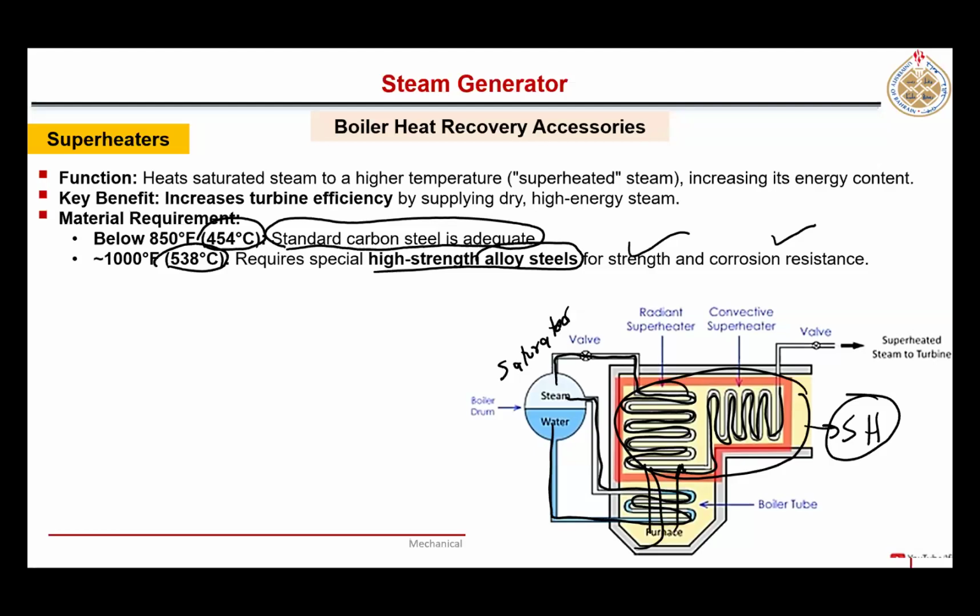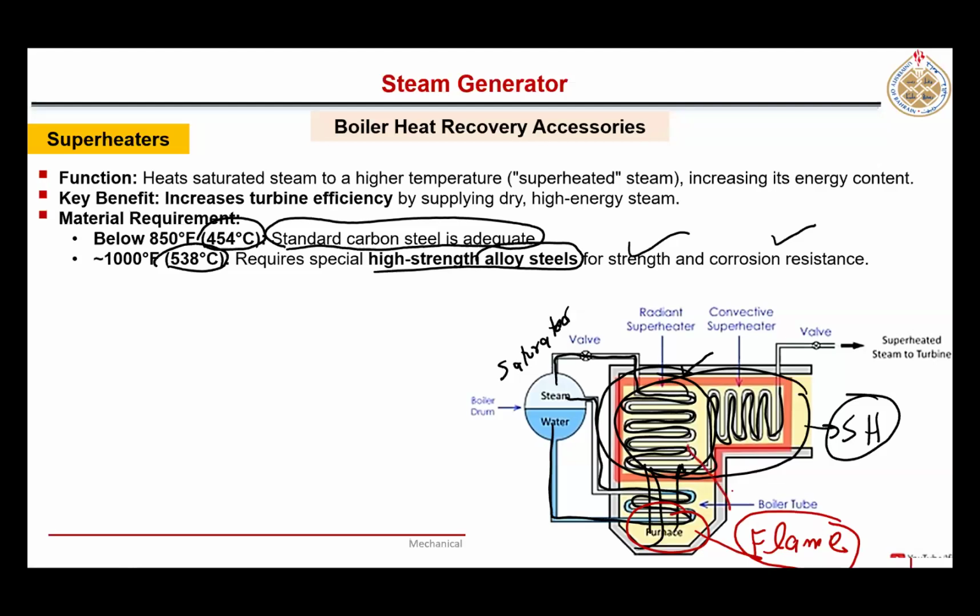So these superheaters are normally placed very close to hot gases, right? Because here we need to increase the temperature to the highest temperature, right? So the heat transfer mode in these superheaters: those tubes which are very near to the flame, here is that flame, the highest temperature flame, by the combustion of those gases.